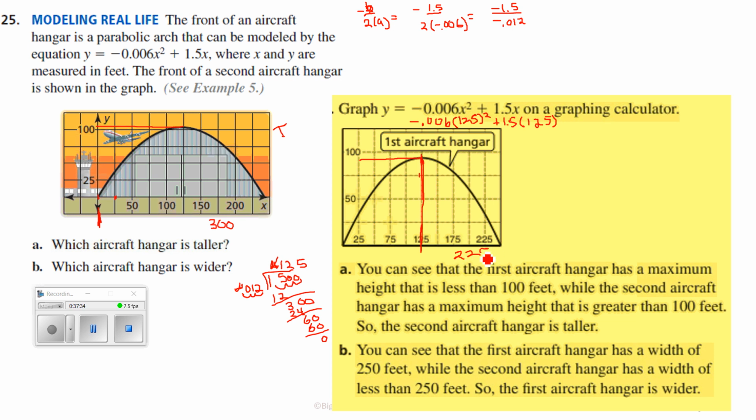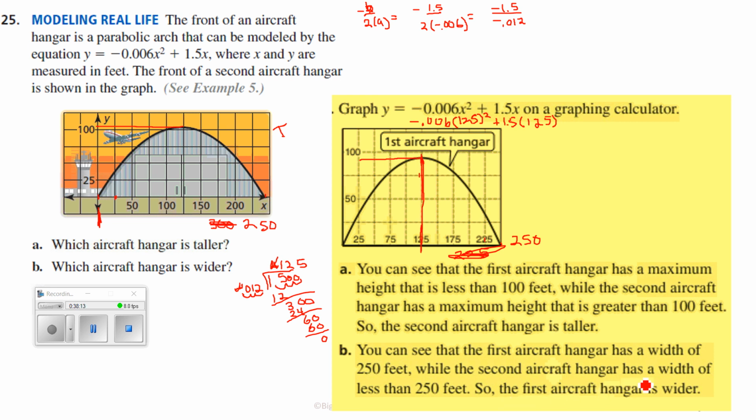So the first one is also wider, right? You can see that the first aircraft has a width of 250 feet. Oh, I'm sorry, I judged that wrong. I put that at 300. I forgot that every one of these is 25. So this is just 50 across, not 300. I apologize for that. And so this one only has 225 across. Oh no, actually, this is 225. Another 25 would be 250. Let's see, 250. Well, then they're both the same, right?